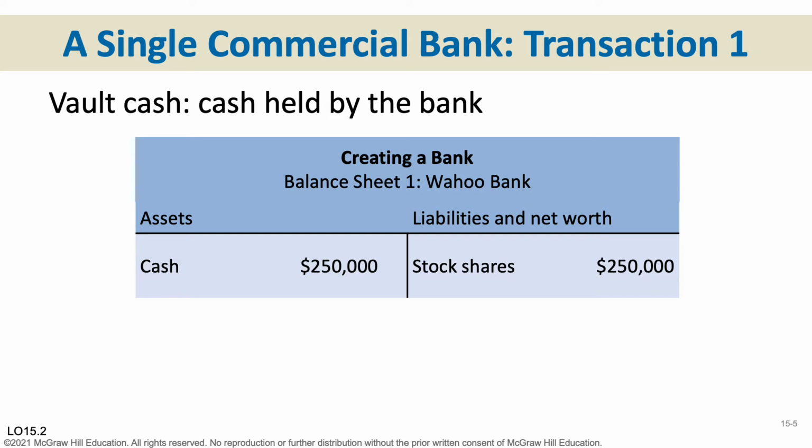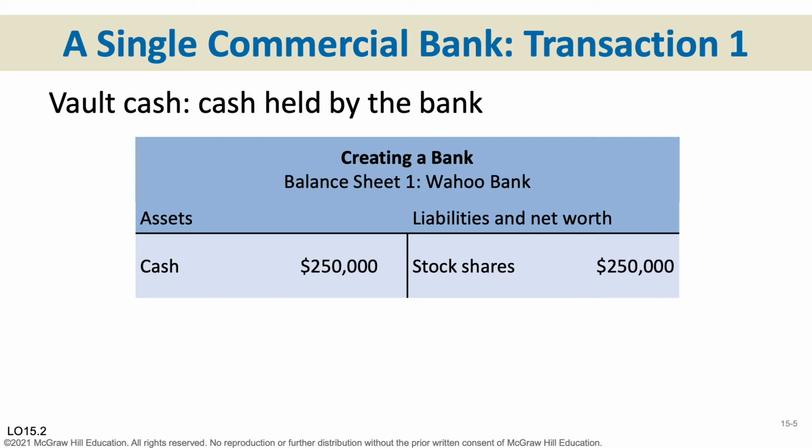So we're going to start out with a brand new bank, and I'm not going to make any of this stuff up. It's right in your textbook. You can follow your textbook right along with these slides. So we're going to create a bank, the Wahoo Bank. That's the name of the bank. When we're creating this bank, we have to have some money. So the bank is going to sell stock shares to get cash to start their bank.